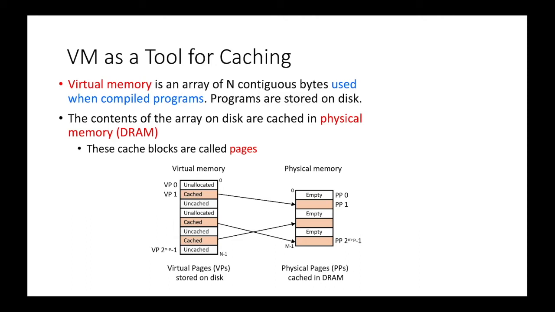The typical size of a page is 4 kilobytes, while a typical cache line size is 64 bytes. Unlike in cache memory, the caching between DRAM and disk is handled by the operating system. In the diagram, we see that virtual page number 1 is cached into physical page number 1, and the other two pages are also cached.